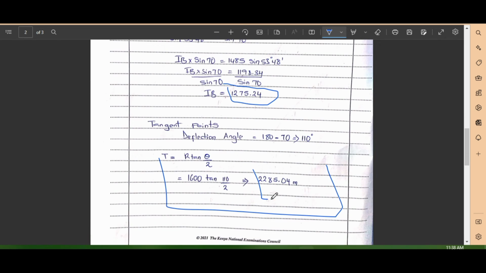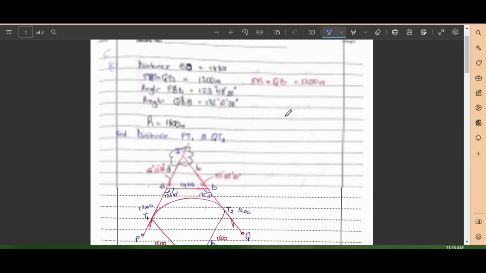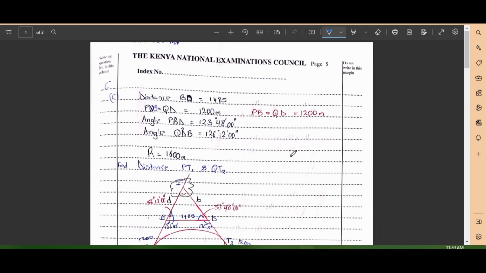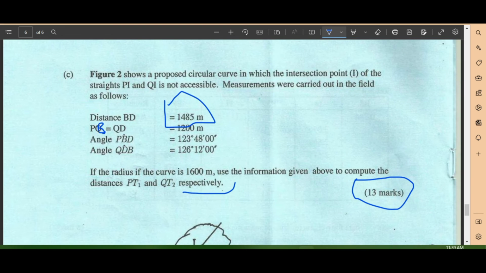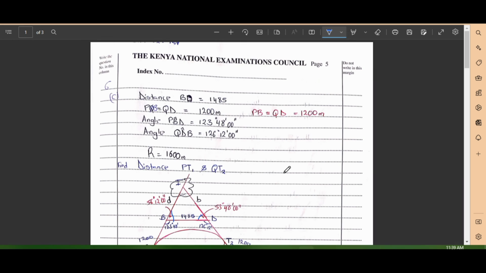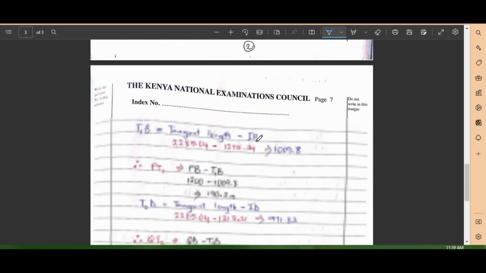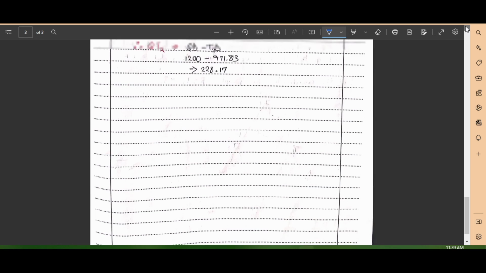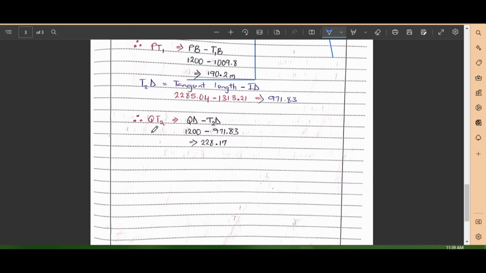When you go back here, our tangent length is a little bit higher, but that is our tangent length. The radius was a little bit bigger, that's why our tangent lengths are bigger. So we do the same for Q to T2. We subtract and we find our answer.